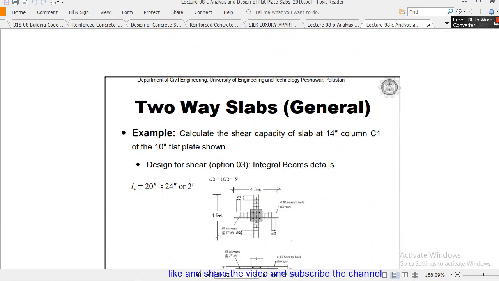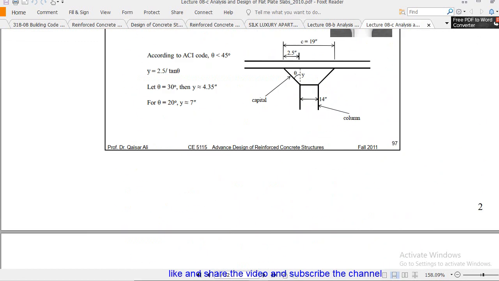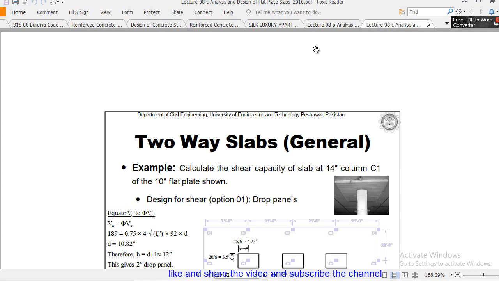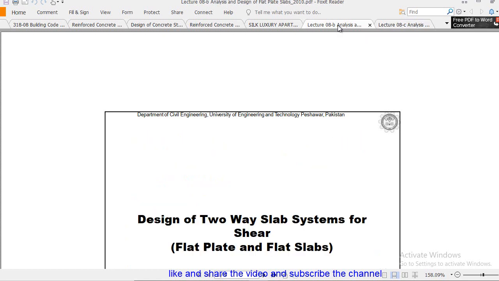In today's lecture we will see the design of the shear studs.